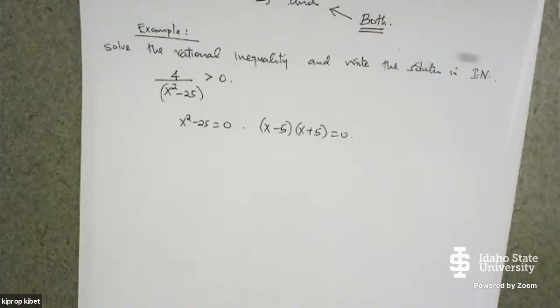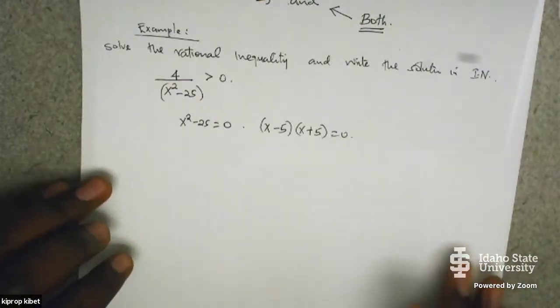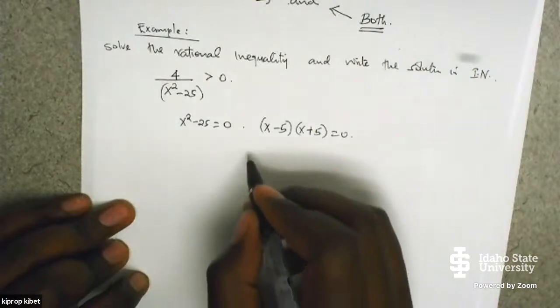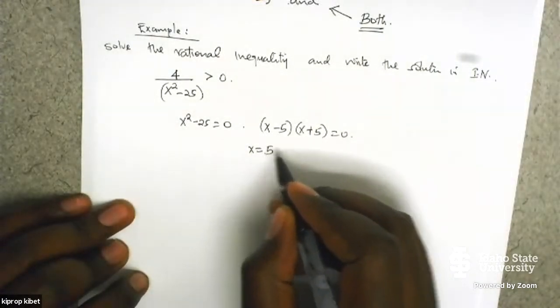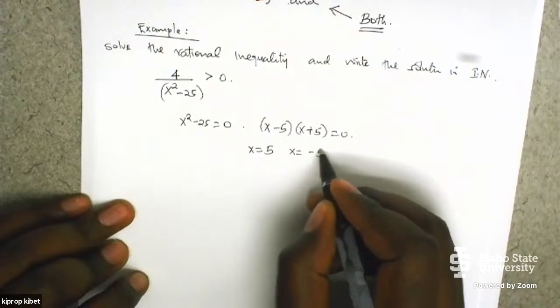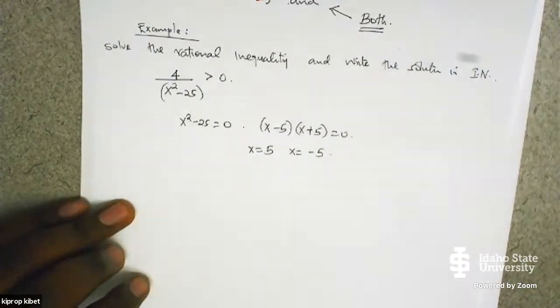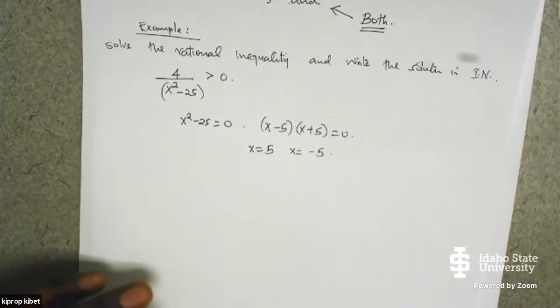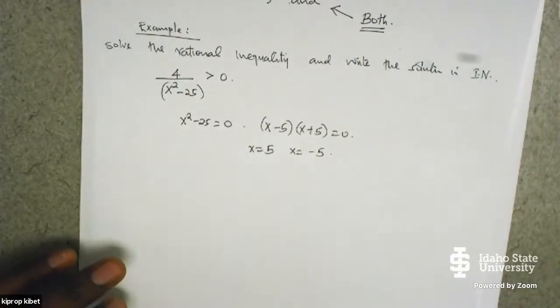So I'll show you how it happens here. Using the zero product property, x equals to 5 and x equals to negative 5.